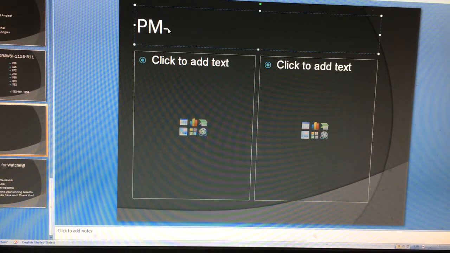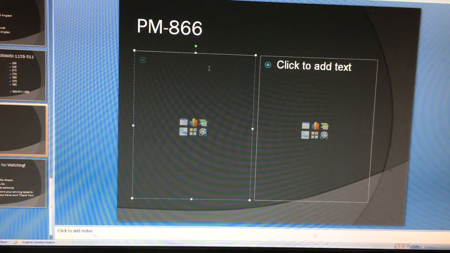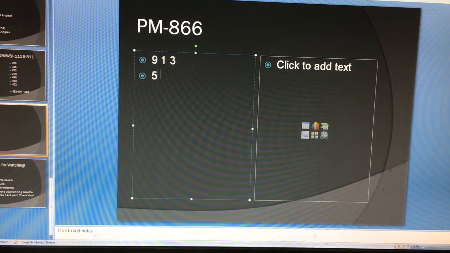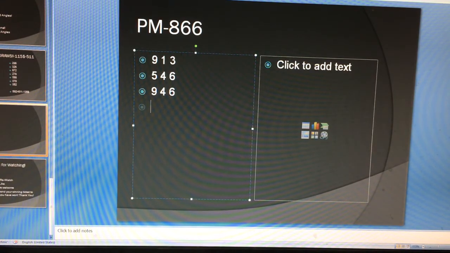And I'm doing the 866 that came for Georgia during that date. And the last 5 draws were 913, 546, 946, 786, and 118.